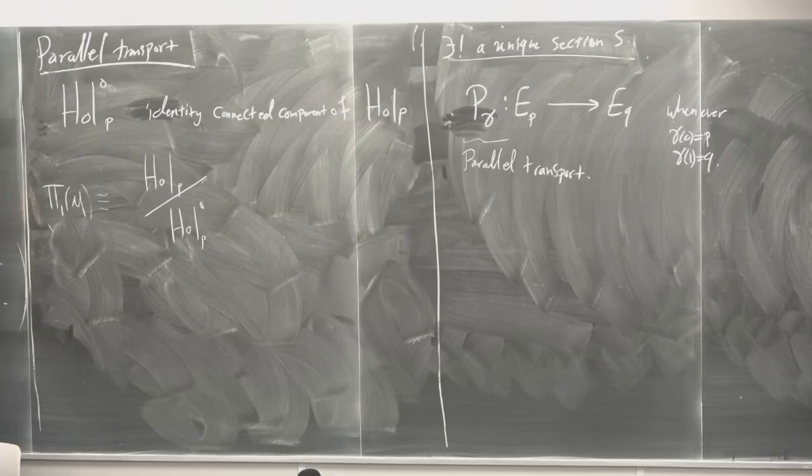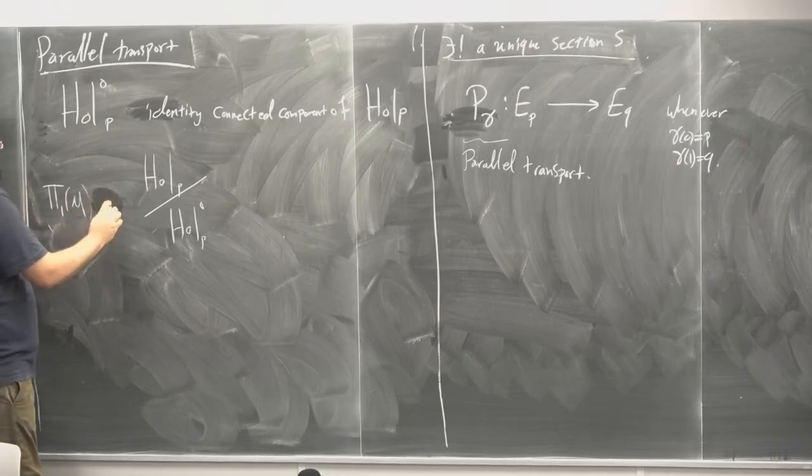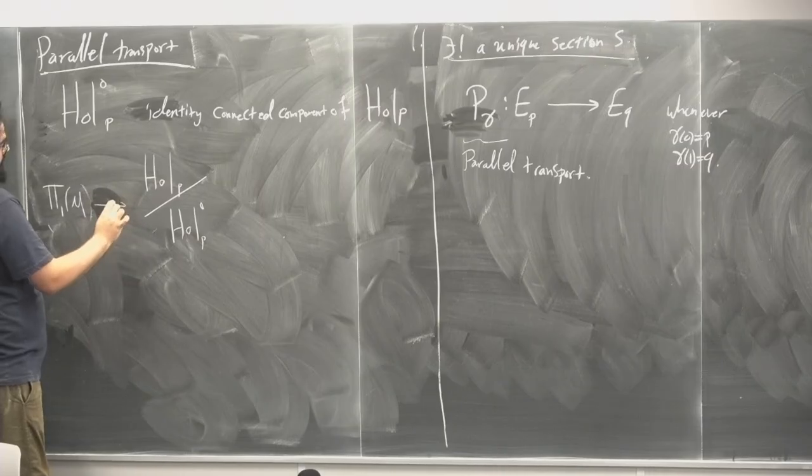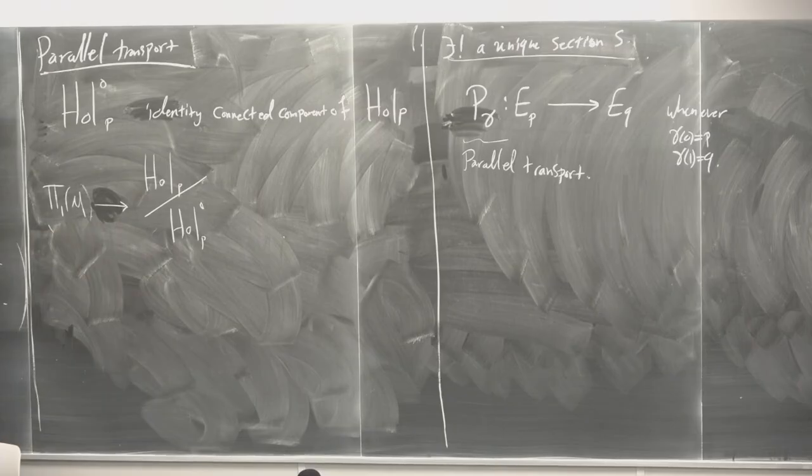Or no, sorry, it's not equal to. There's a surjective mapping into here. Is that right? That's right, I think that's it. As if two paths are homotopic, and the induced operators are going to be in the same path component. Yes, exactly.